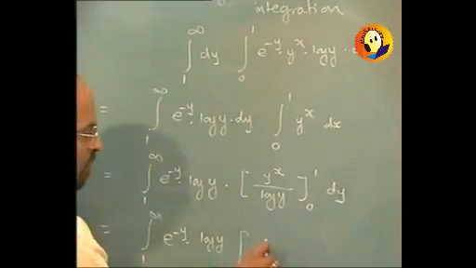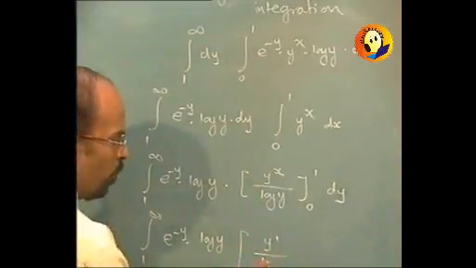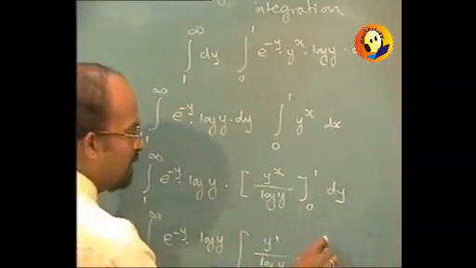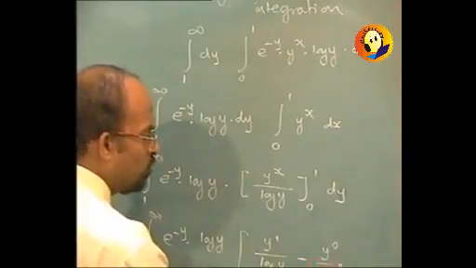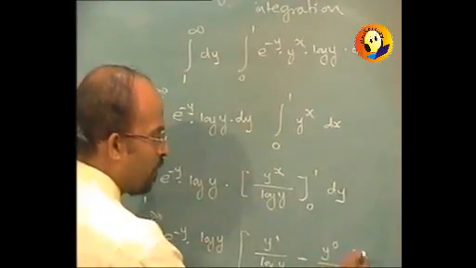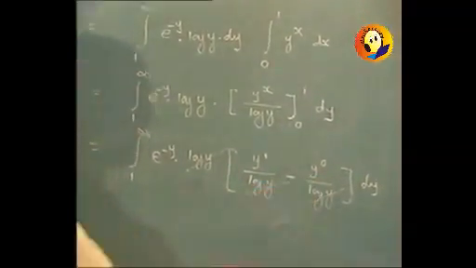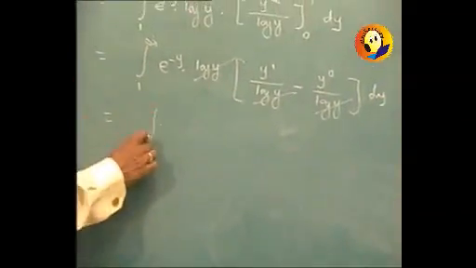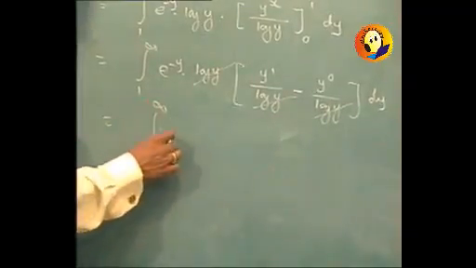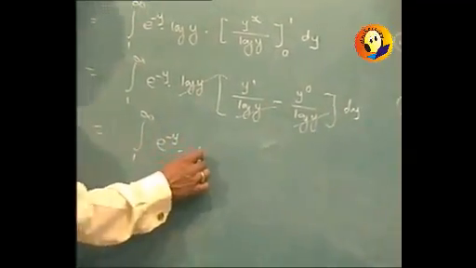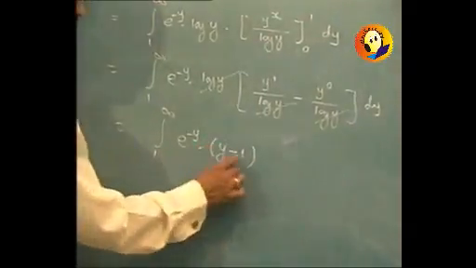At upper limit it will be y raised to 1 upon log y, minus at lower limit it will be y raised to 0 upon log y dy. Obviously this log y cancels and you will get the answer over here as e raised to minus y into y minus 1 dy.